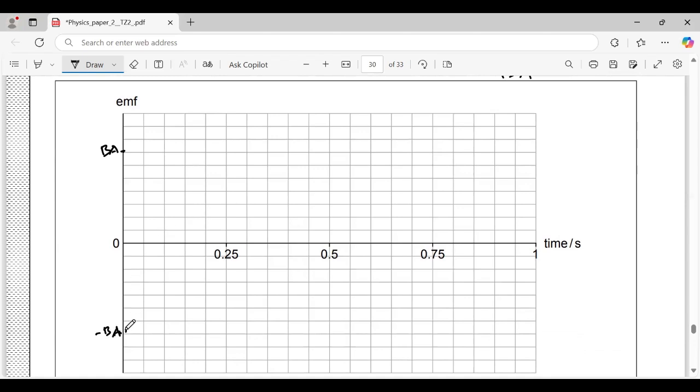So when t equals 0, the coordinate point is here. When t equals 0.25, here is the coordinate point. When t equals 0.5, here. Wait, I will use a different color. Okay, like this.